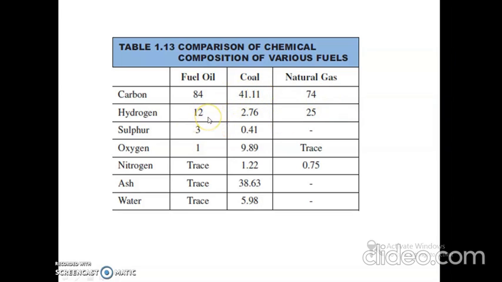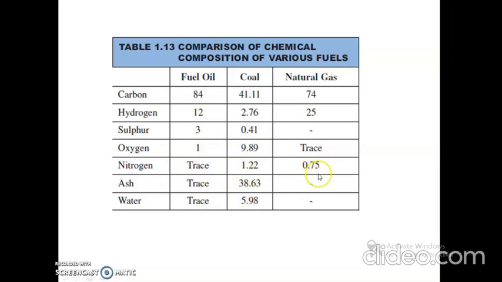For hydrogen, the content in natural gas is more, of course, in fuel oil it is 12, and less in the case of coal. Then sulfur content is given. In natural gas it is negligible or no sulfur content at all. Then oxygen is traces in natural gas, but it is high in coal and very less in fuel oil. Nitrogen and ash are given here.